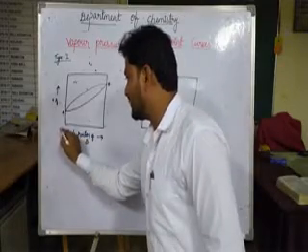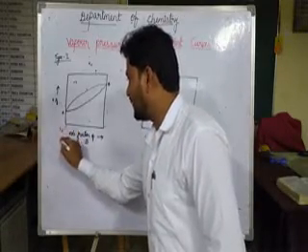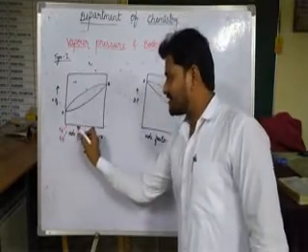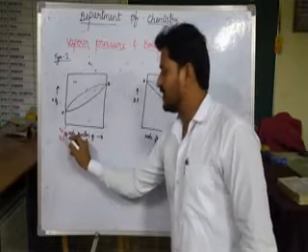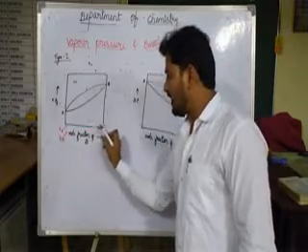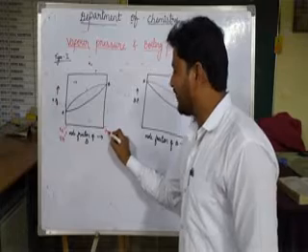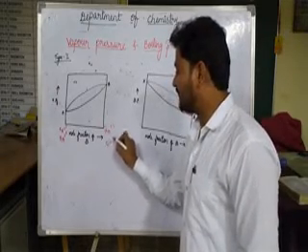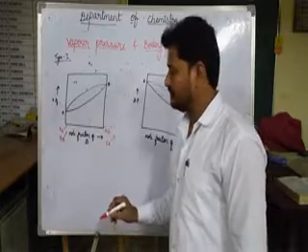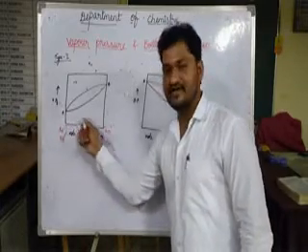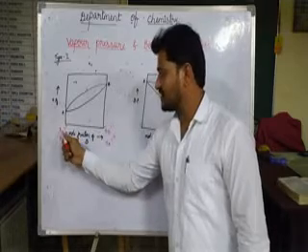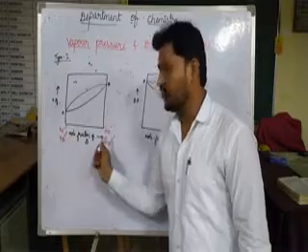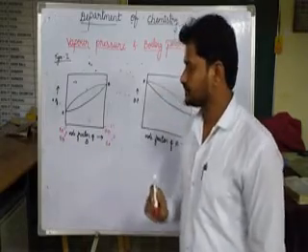If I move along this x-axis, gradually the mole fraction of B goes on increasing such that at this point mole fraction of B will be 1 and mole fraction of A will be 0. So the graph is drawn as decreasing mole fraction with respect to A and increasing mole fraction with respect to B.